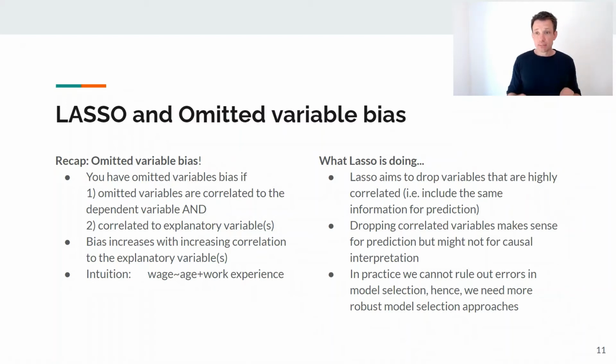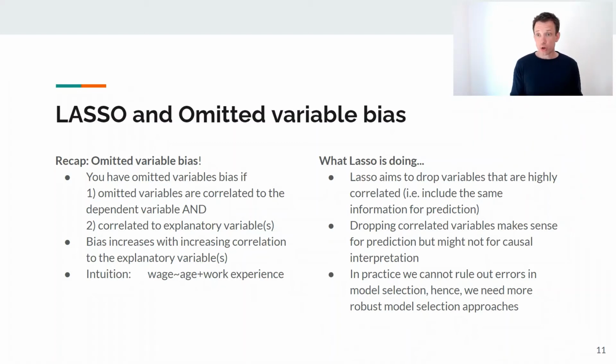That is important because it means that you will not have omitted variable bias if the omitted variable is only correlated to the dependent variable but not to one of your explanatory variables. And you will also not have omitted variable bias if your omitted variable is only correlated to the explanatory variables but not to the dependent variable. So you need to have both in order to have an omitted variable problem.